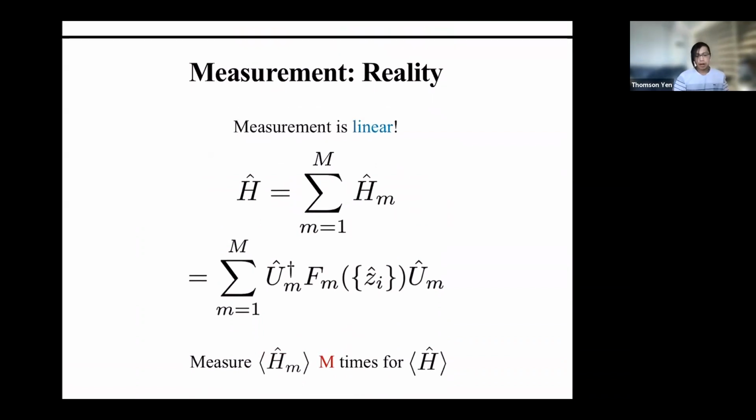what we do in practice is we use the fact that the expectation value is linear. So instead of measuring this entire Hamiltonian, we could express the Hamiltonian as a sum over these simpler fragments.